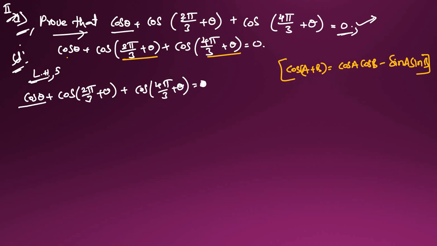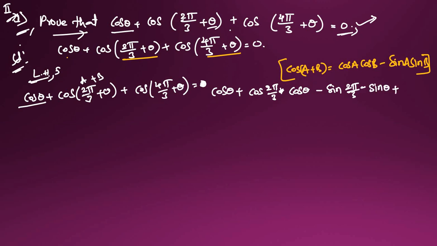So cos theta will remain like that only, plus this is cos of A plus B, so think that too: cos A cos B minus sin A sin B will come. Cos of 2 pi by 3 into cos theta, minus sin of 2 pi by 3 into sin theta.